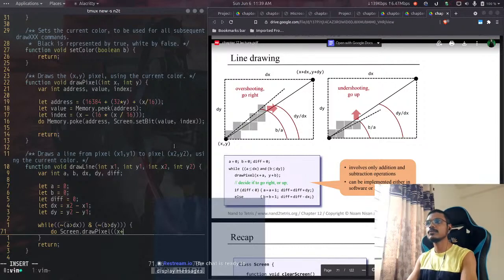Wait, we don't have x. Yeah, we have x1. x1 plus a and y1 plus b.